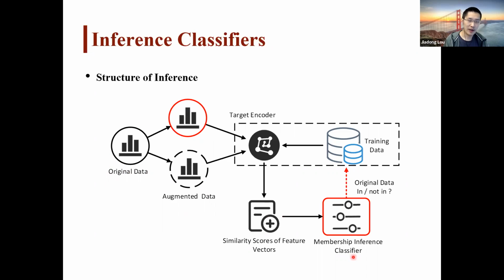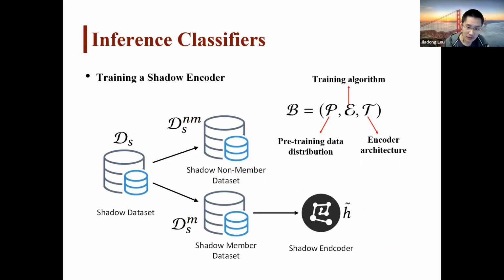And then I will talk about how to build this membership inference classifier. The first step is to train a shadow encoder whose ground truth membership or non-membership relationships are known to the inferrer. In particular, the inferrer splits the shadow dataset into two non-overlapping subsets, the shadow member dataset and the non-member dataset.